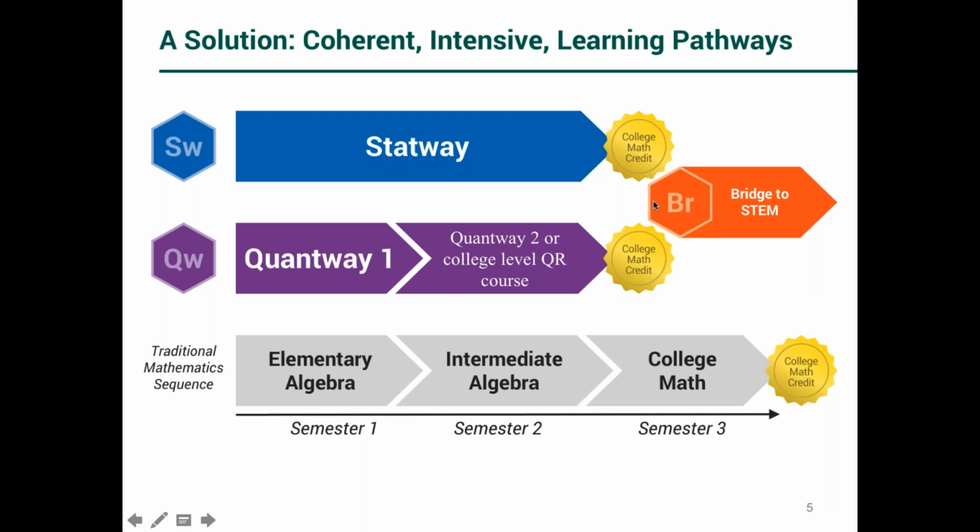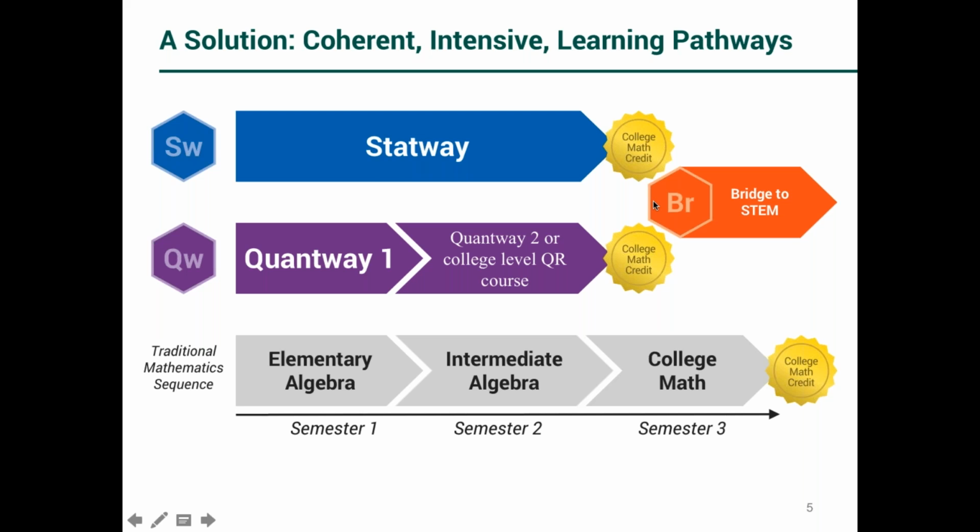Okay. So this slide shows our model of the accelerated approach to statistics learning that we take. And this slide, of course, shows both Statway and Quantway. Quantway is our quantitative reasoning course sequence, but today, of course, I'm talking about Statway.